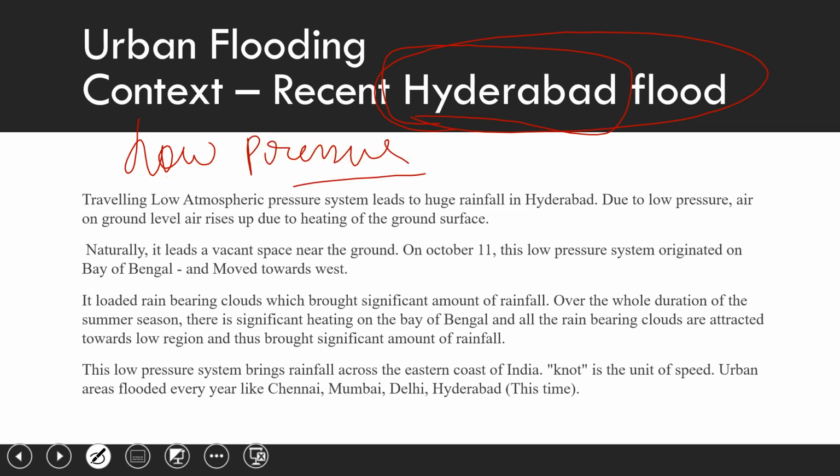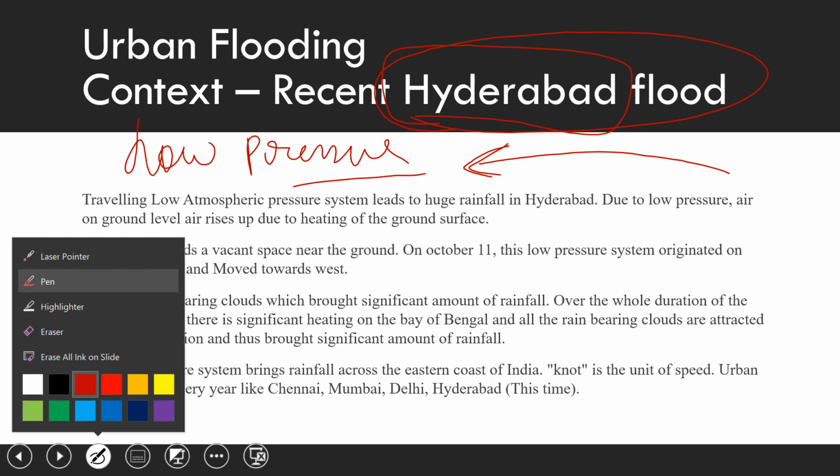Too much low pressure accumulated over Hyderabad, and when the low pressure occurs, the clouds in the higher pressure area will move to the lower pressure, and ultimately this rain-laden cloud will burst and rain down in that region, and it will create a flood-like situation. Because of the low pressure, too many clouds will move there, and ultimately the amount of rainfall will increase.